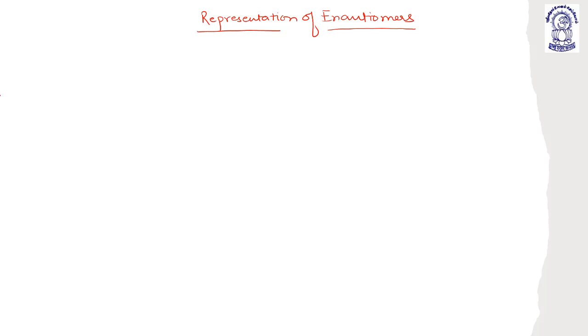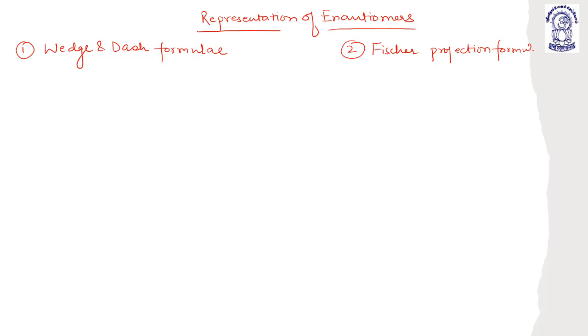They are represented by two forms. One is the wedge and dash formula, and the second is Fisher projection formula.